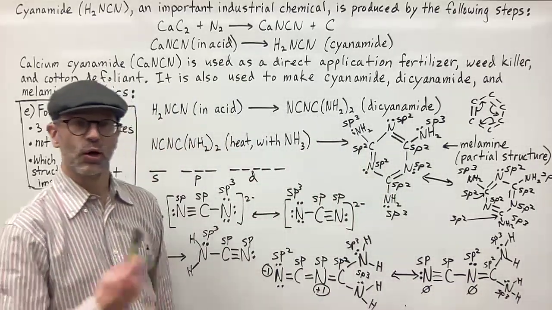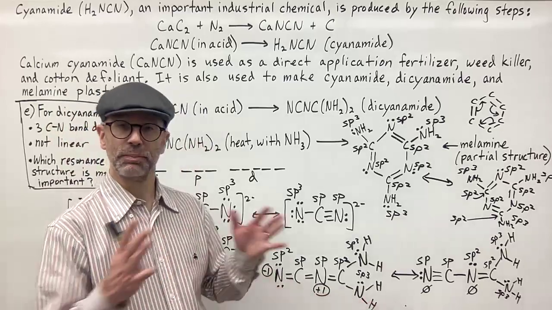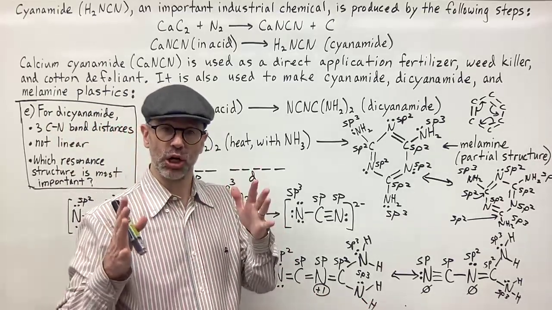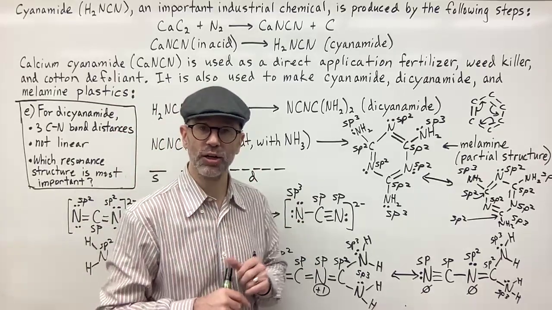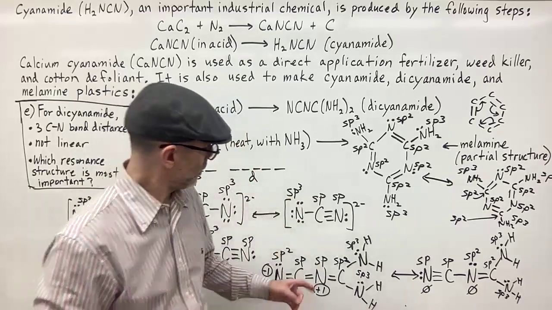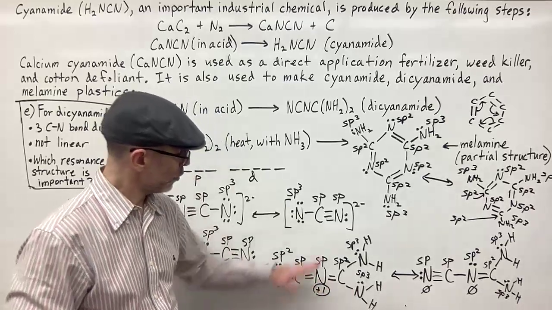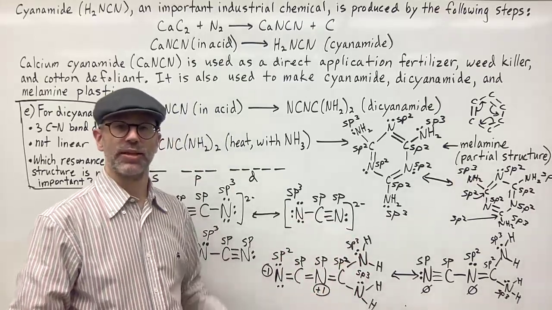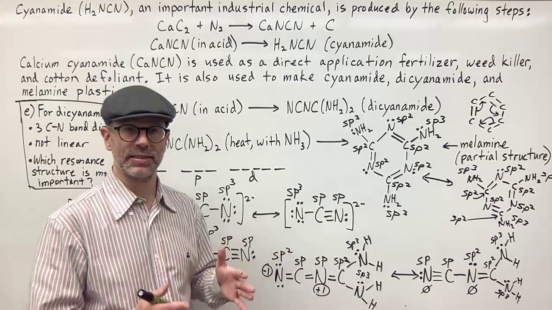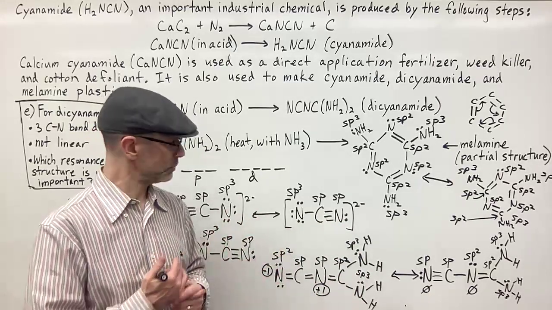That would explain why we have different bond distances. Single bonds are longer than double bonds are longer than triple bonds. And here they're all the same, right? So this does not fit the observation that we have 3 different bond distances for our CN bonds.